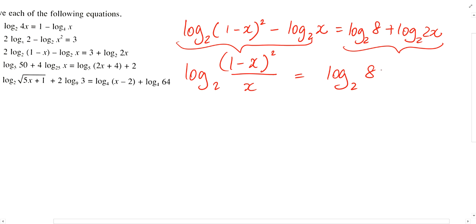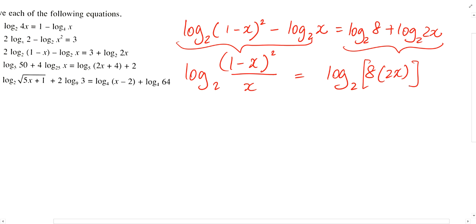Continue. Right? Okay, what next? Well, what did you say? Taking log base 2 on both sides.